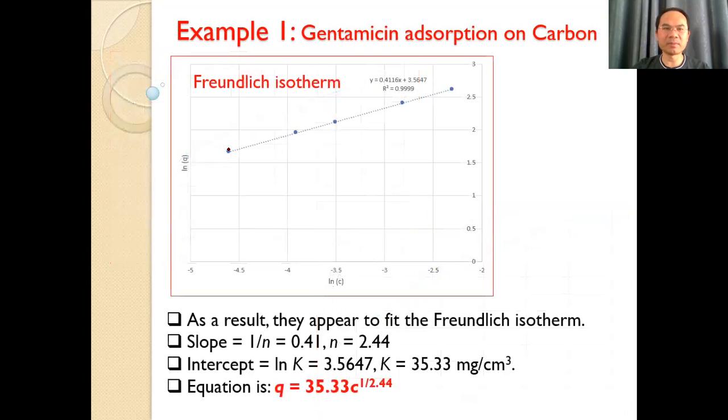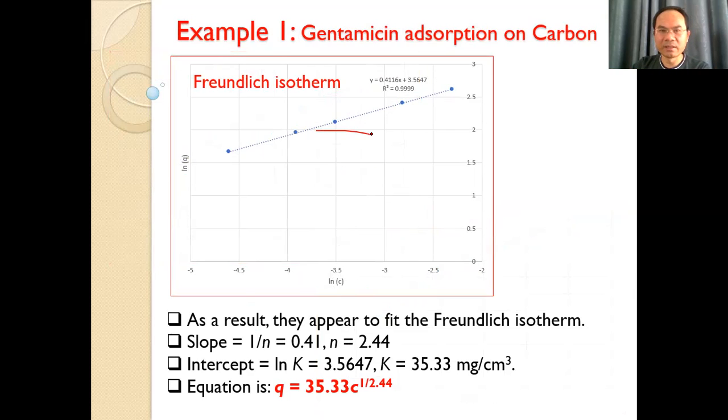And the last one, you plot log Q versus log C, and you get an approximately linear relationship. Of the three, linear, Langmuir, and Freundlich isotherms, we can conclude that it approaches the Freundlich isotherm.